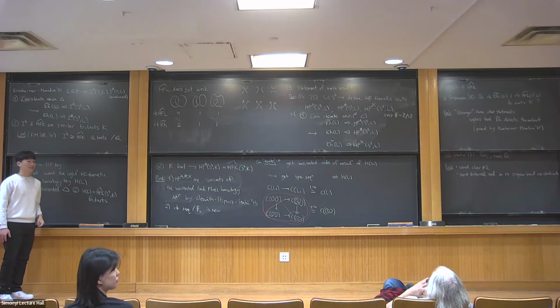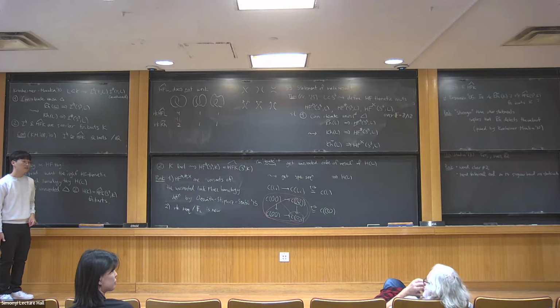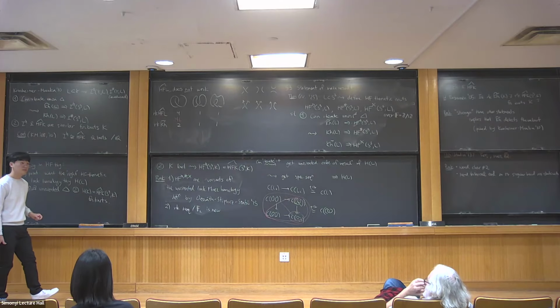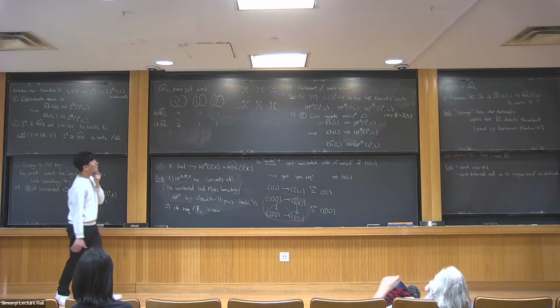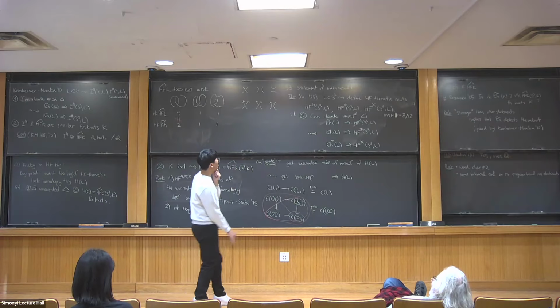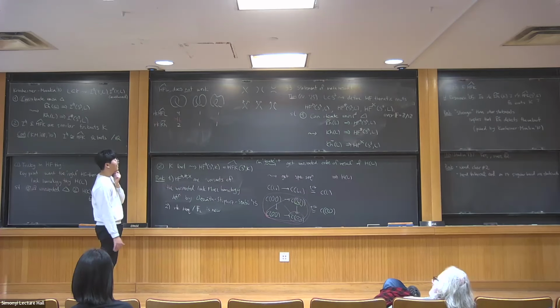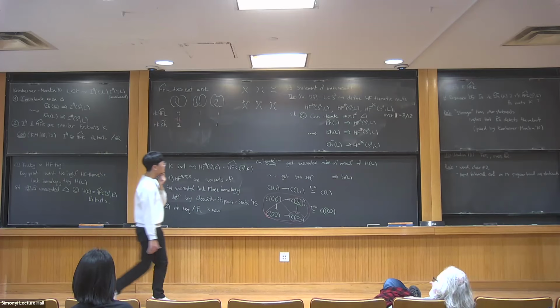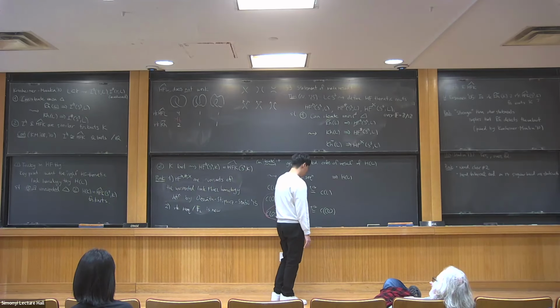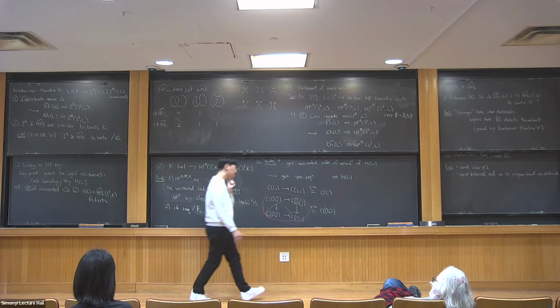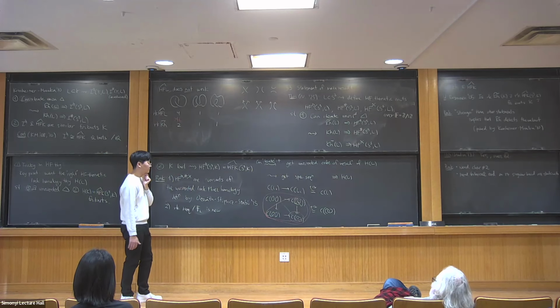So, what's the general reason why one would expect such spectral sequences to exist? For the homotopy refinements, or just for homology? Yeah, that's a good question. I don't quite understand it very well.